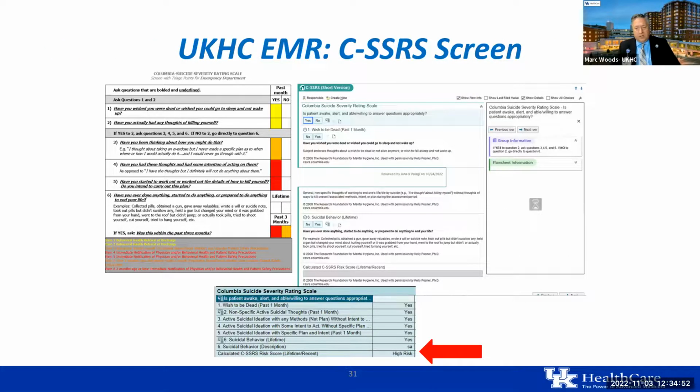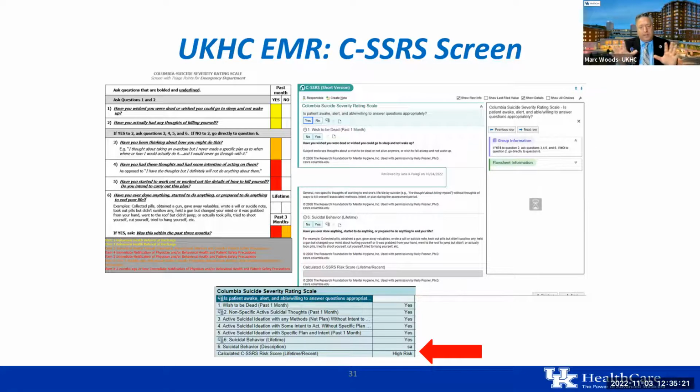For the next couple of screens, we'll go maybe a little faster. You'll get to see what the actual screen looks like in our computers. I'll point out a few things on each of them. To the left of the screen, you'll see the actual Columbia Suicide Severity Rating Scale, and it's a screen of a total of 6 questions potentially. That's what that looks like.